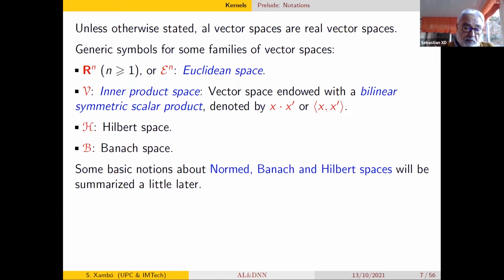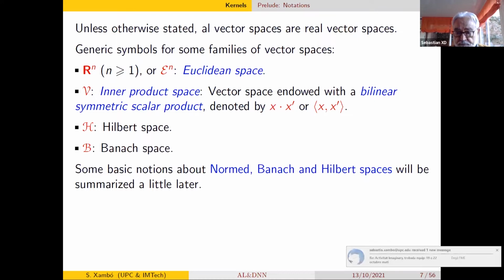When the space is a Hilbert space, I'm going to use preferably, in general, curly H, and if it's a Banach space, a curly V. And as we are going to explain a little bit these notions, just for being complete, and also in order that I have some material for my last session on November 9th, so I can go a little further than what I could if I had to explain that again.